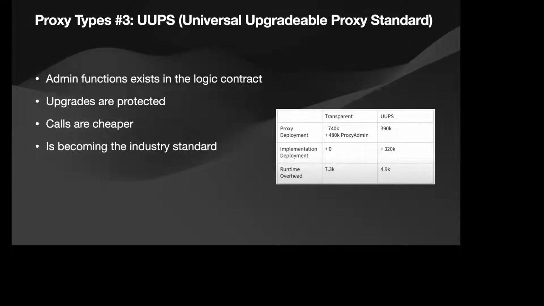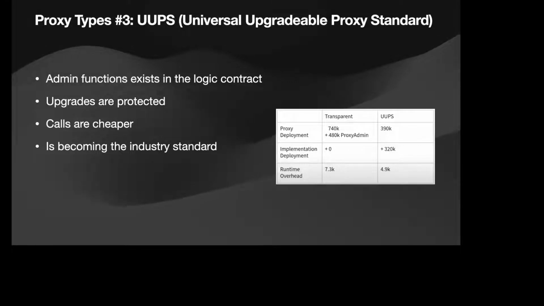So there's no separation of concerns for admin; each implementation has all the admin functions, and the code to upgrade to the next contract exists on the implementation contract as well.